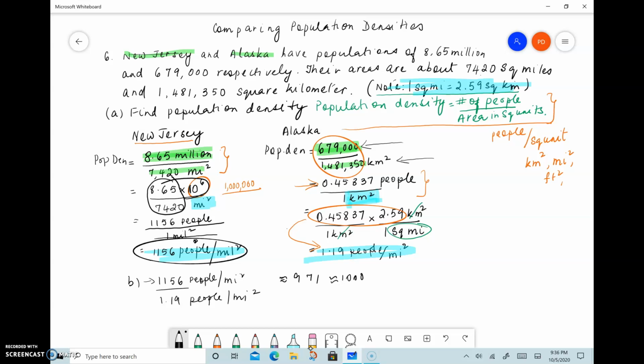So we take the larger one, New Jersey, and divide it by the population density of Alaska. The units cancel out and we get 971, which is roughly 1,000, just to be very approximate. So we can say that the population density of New Jersey is 1,000 times that of Alaska.